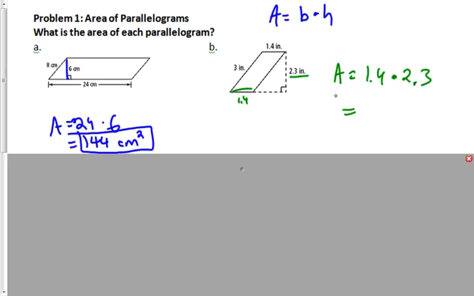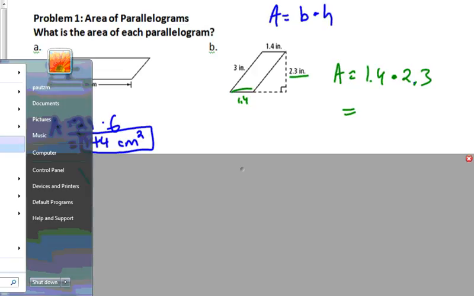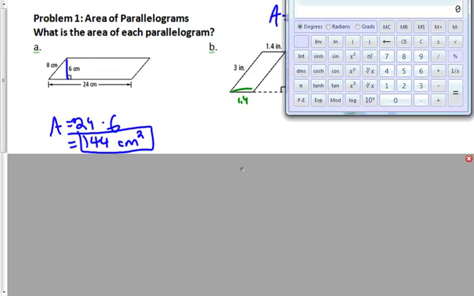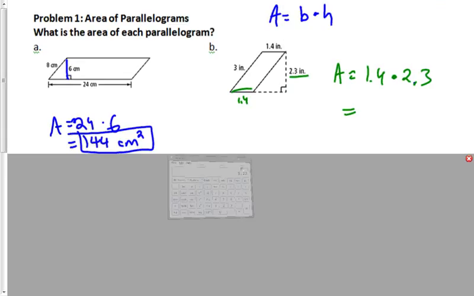And 1.4 times 2.3 I don't know by heart, so we're going to pull out our calculator and do 1.4 times 2.3 and get 3.22 inches squared.